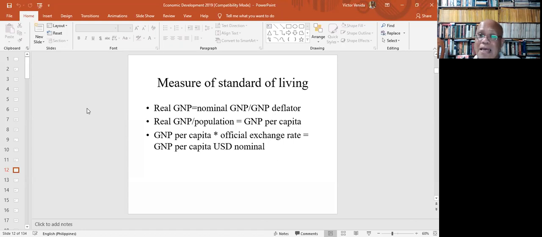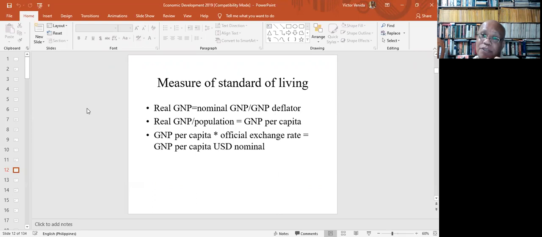Okay. And in the World Bank database, they have GNI and GNP data at what is called LCU, or the local currency unit. So there is the Philippine data using Philippine pesos, the Japanese data using Japanese yen, the data from China using the renminbi.